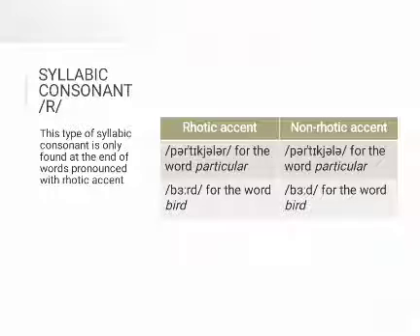So these are examples of rhotic and non-rhotic accents. First, the word particular in a rhotic accent and particular in a non-rhotic accent. Then, the word bird in a rhotic accent and bird in a non-rhotic accent.